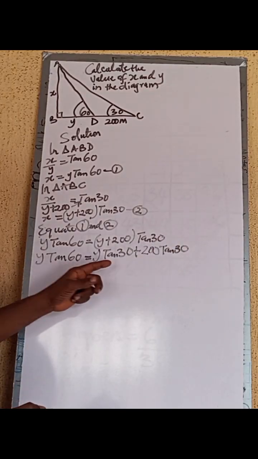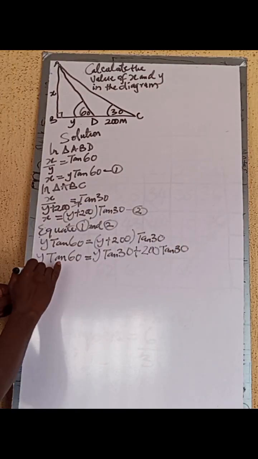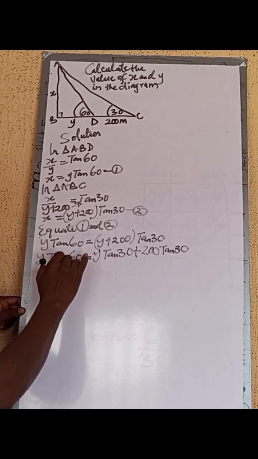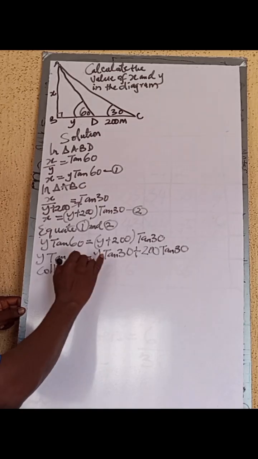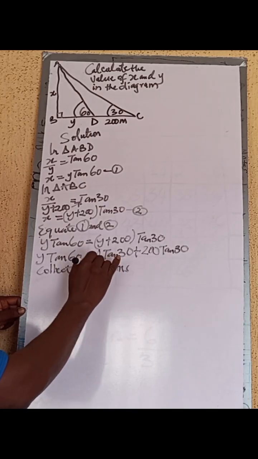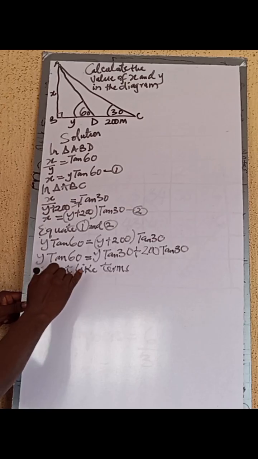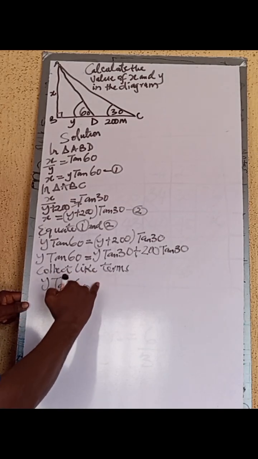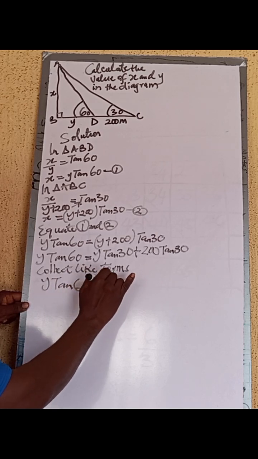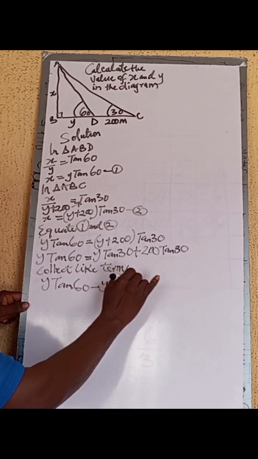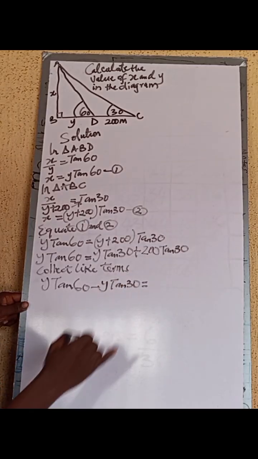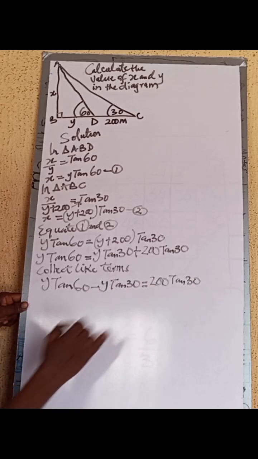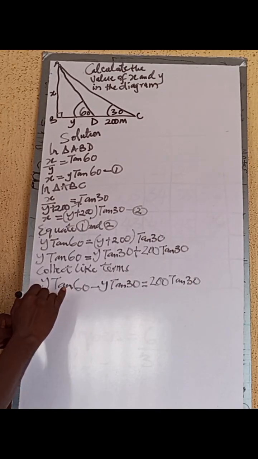Very good. By the time you collect like terms, you're going to see that y tan 60 minus y tan 30 will now give us 200 tan 30. So what is common here is y.